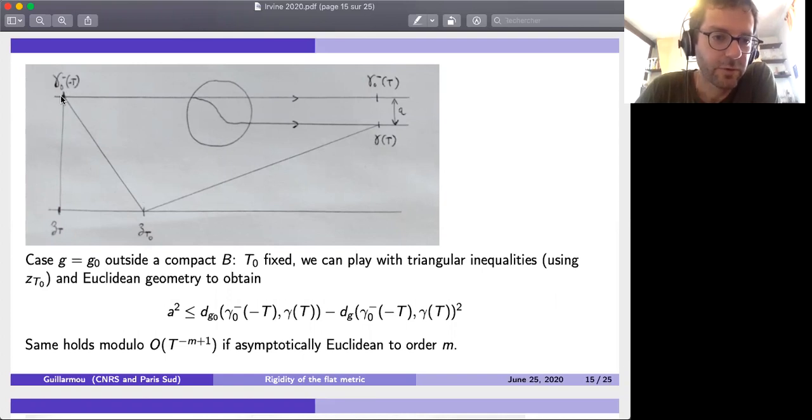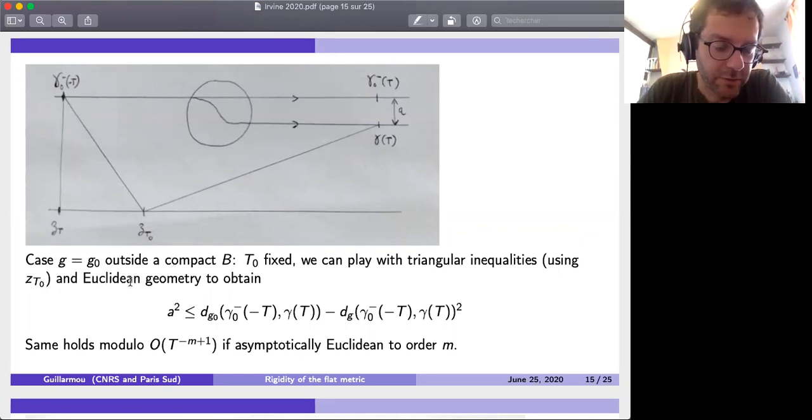I don't really want to go into detail, but the idea is to take a parallel line to gamma 0 of t, which is far from the obstacle, from the perturbation. And I want to take points again as before, which are going very far to infinity.